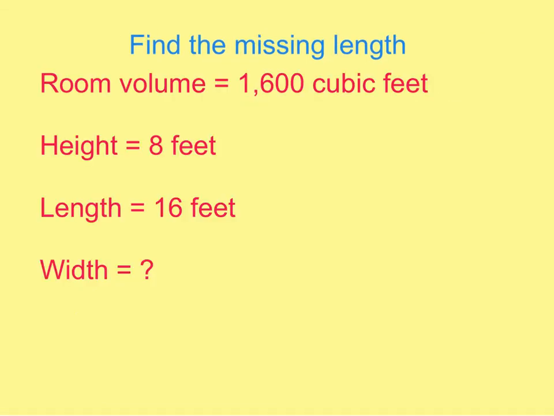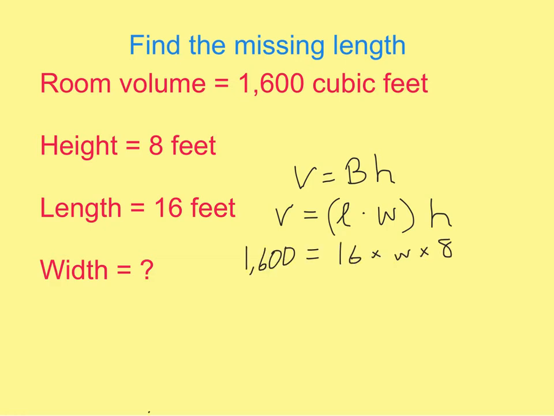We can also use the formula for finding volume to help us find the missing measurement if we know the volume. So I'm going to start with my formula, and now I'm going to plug in these numbers into my formula. So I plug in my numbers here, and here's what I'm left with. Now I'm going to take 16 times 8 gives me 128W equals 1600.